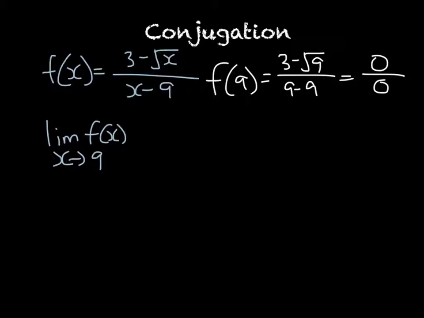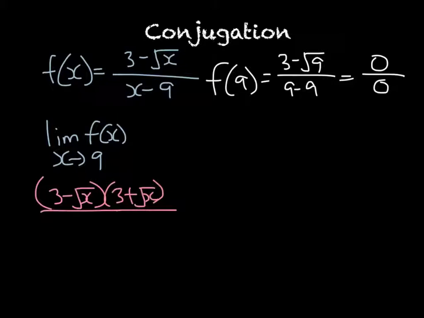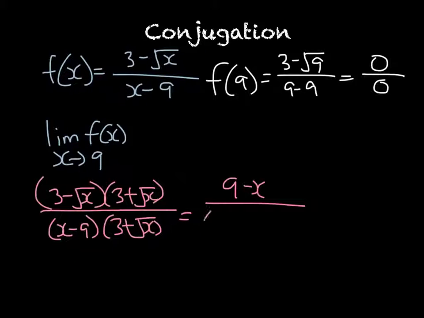So instead, we can try conjugation, where we multiply the top and bottom by the conjugate. So we'll take our numerator, multiply it by 3 plus the square root of x, and do the same with our denominator. So this gives us, on top we have a 9 minus x, and on the bottom we have an x minus 9 times 3 plus the square root of x.